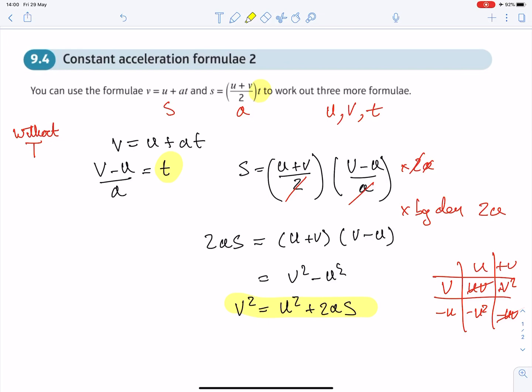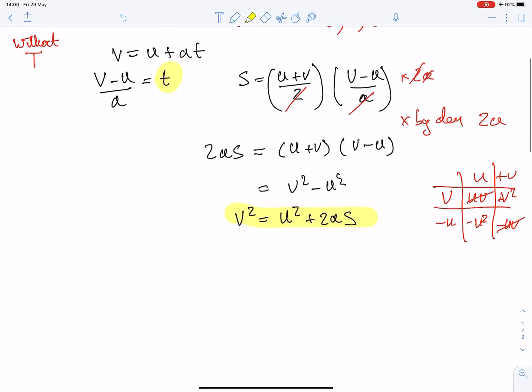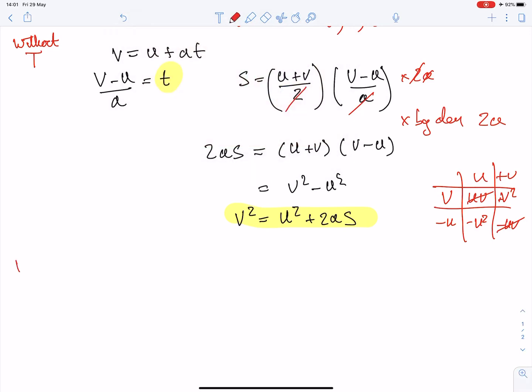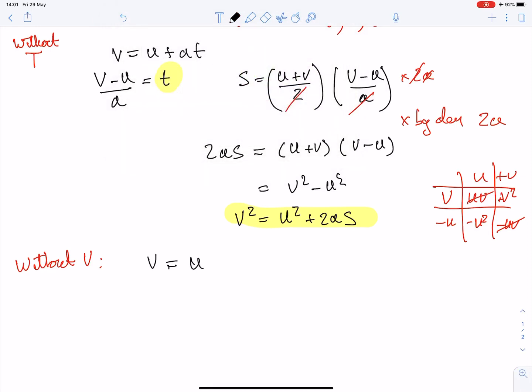Okay, next we could eliminate the v. So without v, we start with v equals u plus at and s equals u plus v over 2 times t.